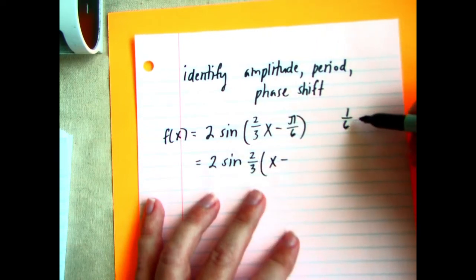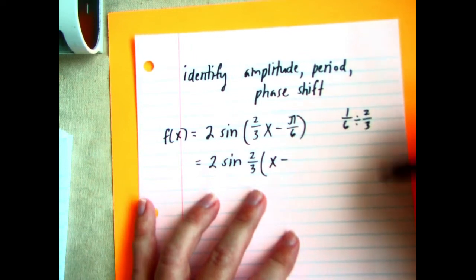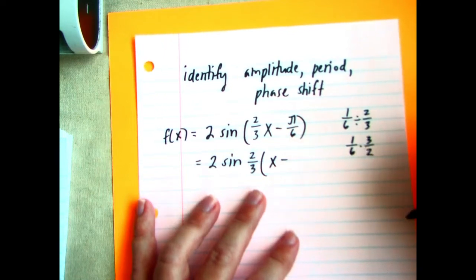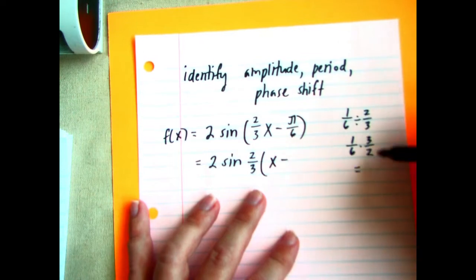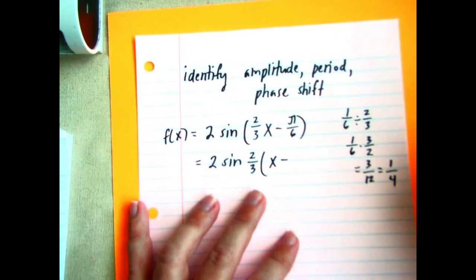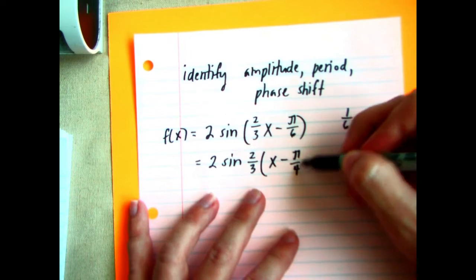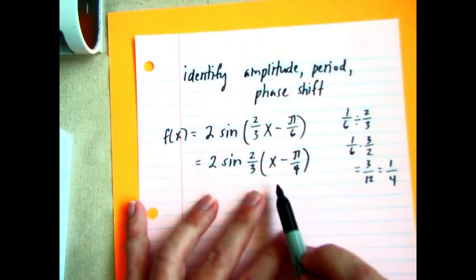Well, on the side of my paper here, I'm going to do 1 over 6 divided by 2/3. Basically, I'm going to factor out 2/3 from 1/6. So 1/6 divided by 2/3 is 3 over 12, or 1/4. So when you factor out 2/3, you're left with pi over 4.